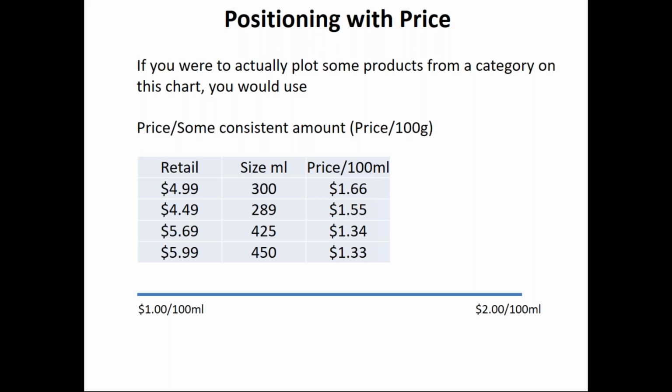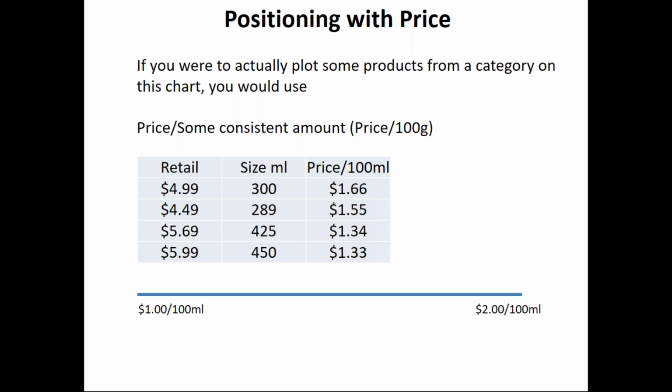Now, if we were to actually plot products along this chart, you don't want to just take the retail price. You don't want to just put $4.99 over here and $4.49 here and $5.99 up here, because you need to normalize these amounts, or convert them to some common denominator.